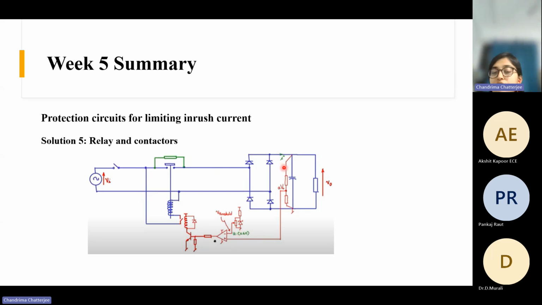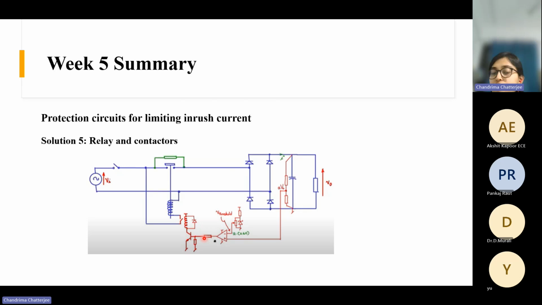As the output voltage starts rising, this voltage will also rise, and after some time it will become equal to this threshold voltage, and at that time the output of the op amp will be high, and it will provide some base current to the BJT. Whenever it provides the base current, this path will be complete, the BJT will be closed, so the current will flow through this BJT, and then this circuit will again be closed because they are coupled. So this switch is closed.